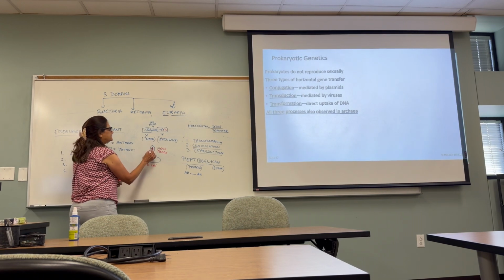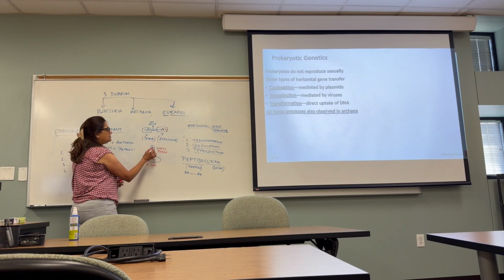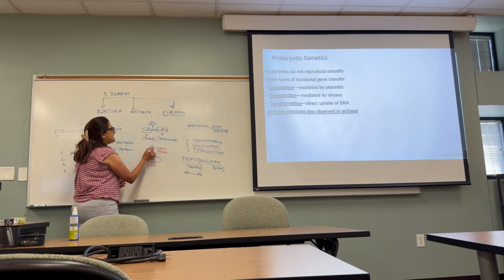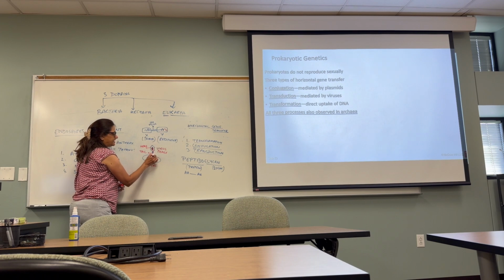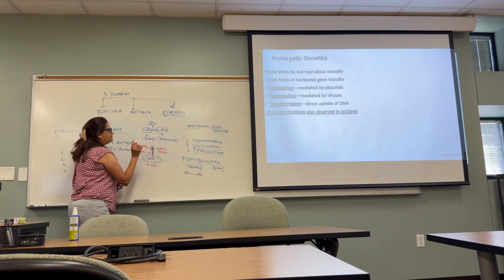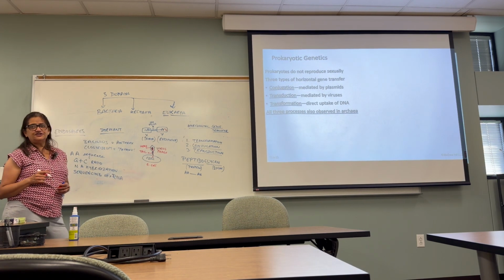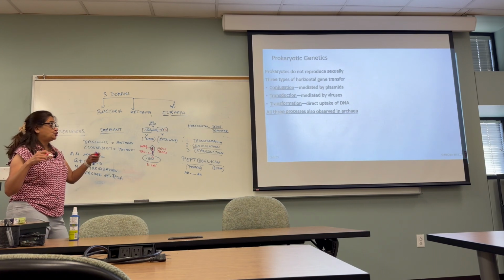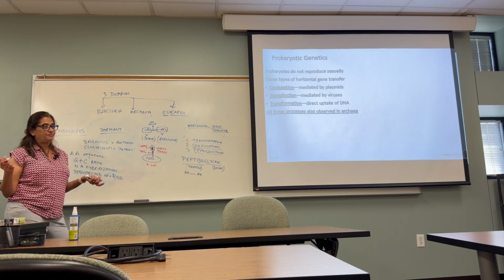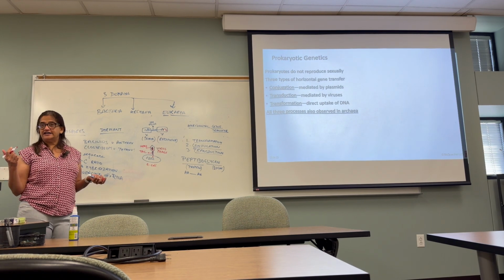This is the tail of the virus, and this is the head. This DNA will be injected here, and the virus has a unique way to reproduce itself. Virus is actually considered a hijacker.